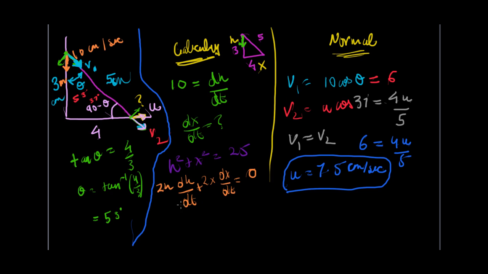Okay, so what is h at this moment? Just pay attention to that. At this moment, h is varying, but this h is the momentary h, right? So what is that? That is 3, right? So that is 3 times 2, which is 6 times dh by dt.